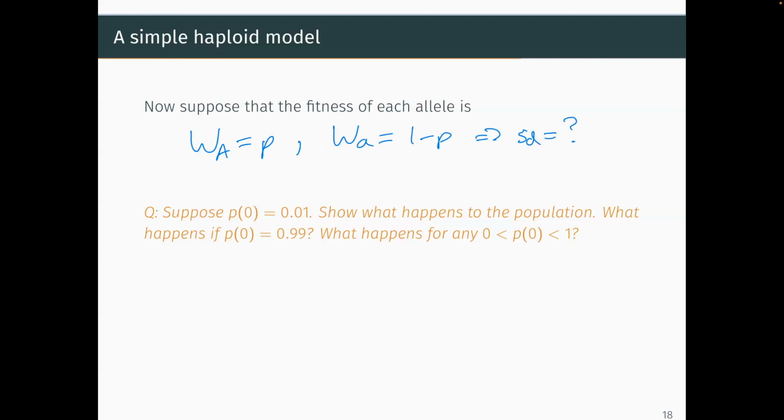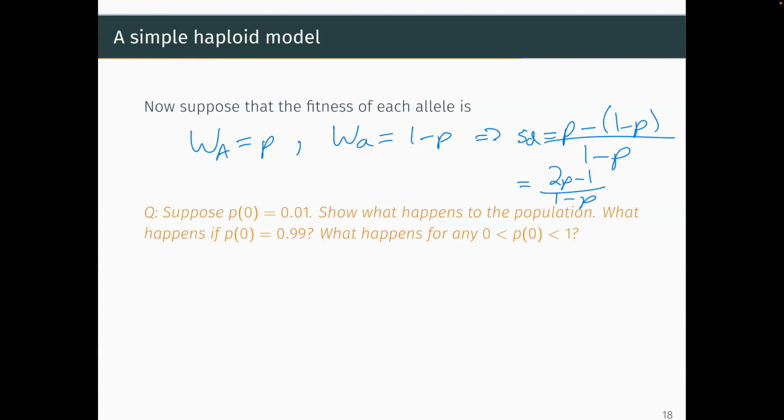Okay, let's see how you got on. Very similar to what we had before. Now our selection differential is going to be p minus (1 minus p), over 1 minus p. So this is just (2p minus 1) over (1 minus p). Same process as before.